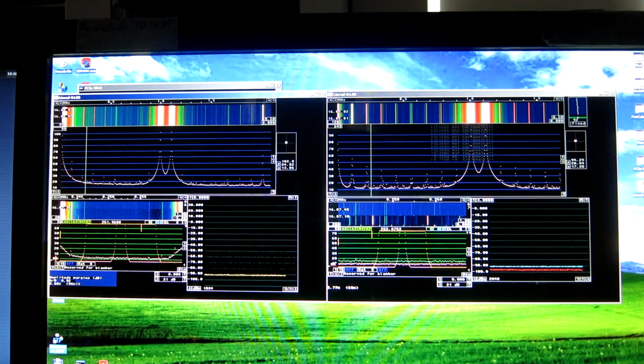Now I am feeding two signals into the bladeRF as well as into the PCIe 9842. The signal level is high, and although we can see there are some more false signals in the bladeRF than there are in the PCIe, it doesn't look alarming. But the crucial thing is not what happens at high signal level, it's what happens at lower levels.